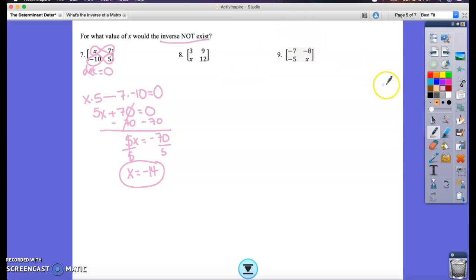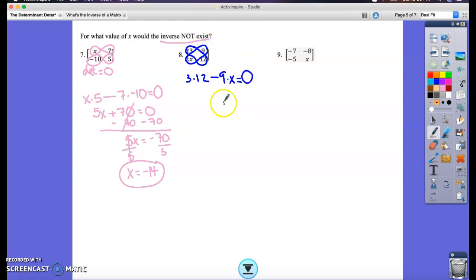All right. Let's try 2 more, and then there's 3 for you to try on your own, but I'll also go through those answers. 3 times 12 minus 9 times x. And again, I set this equal to, if it is not existing, 0.